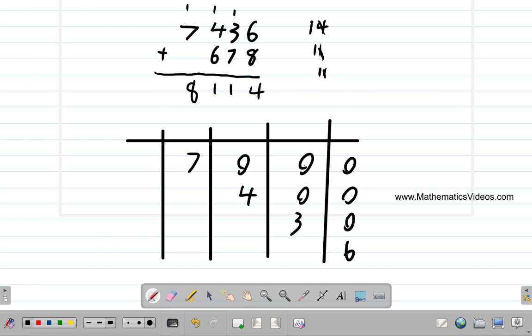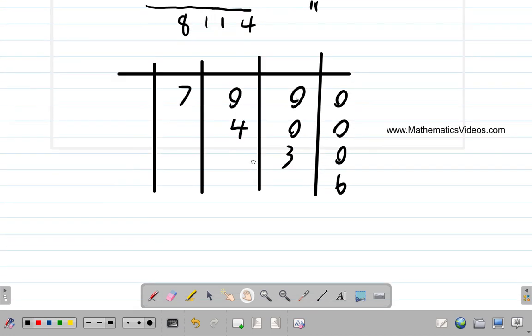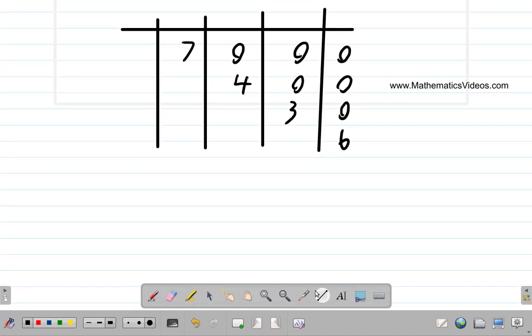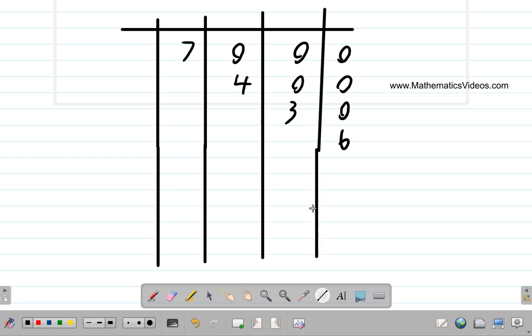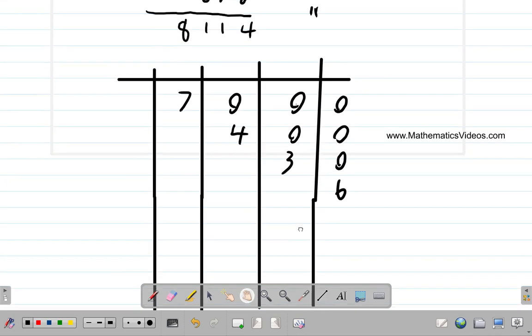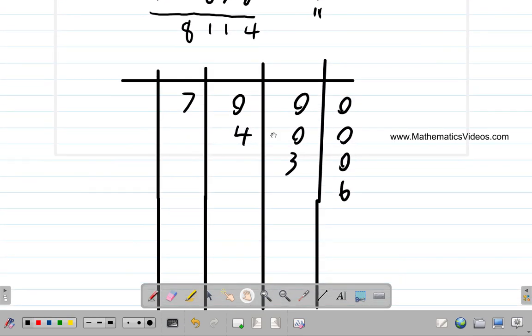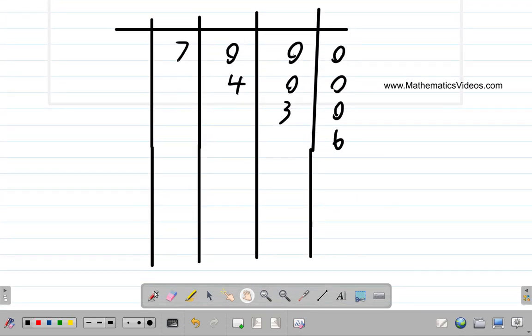You see, we have to extend the table, make the table longer. So let me extend these things further down. Then the other number that you add, 678. So basically you have 678. Alright?